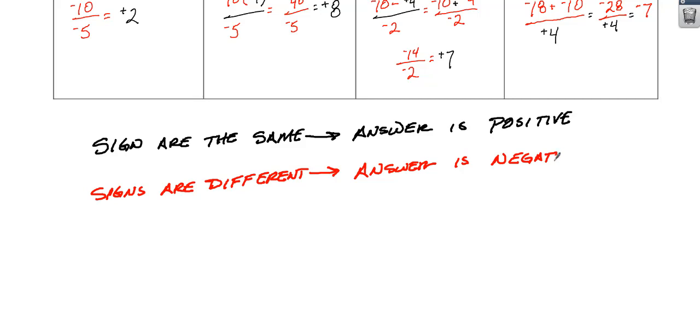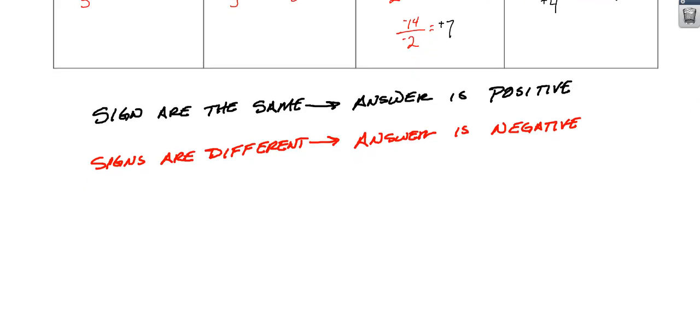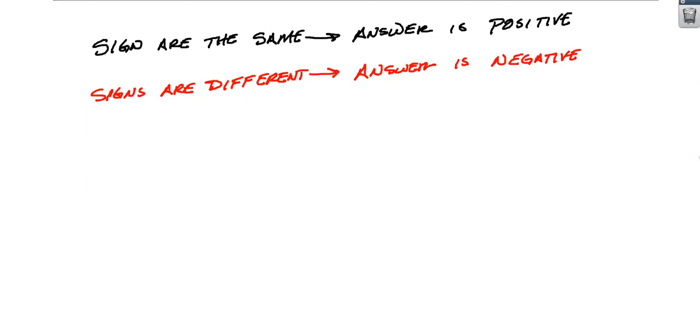And there are only a limited number of combinations. We're going to write those combinations because you can do all the combinations for multiplication and division in this little space. Now, we couldn't do all the number combinations because there are an infinite number of numbers. But in terms of keeping track of the sign, here are the combinations. If you multiply a positive times a positive, you get a positive.